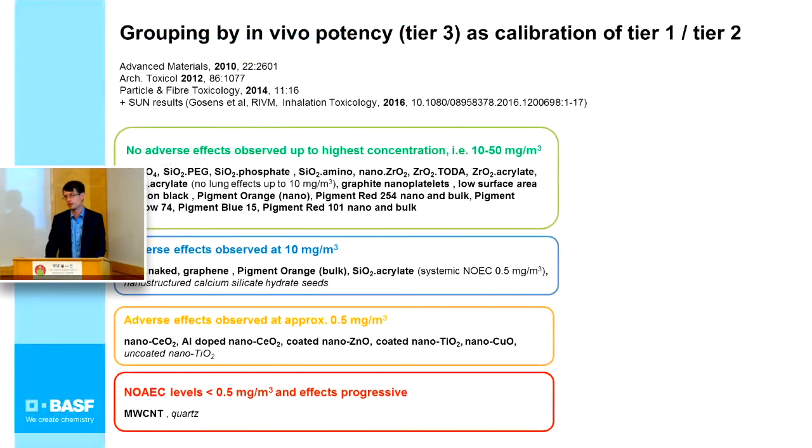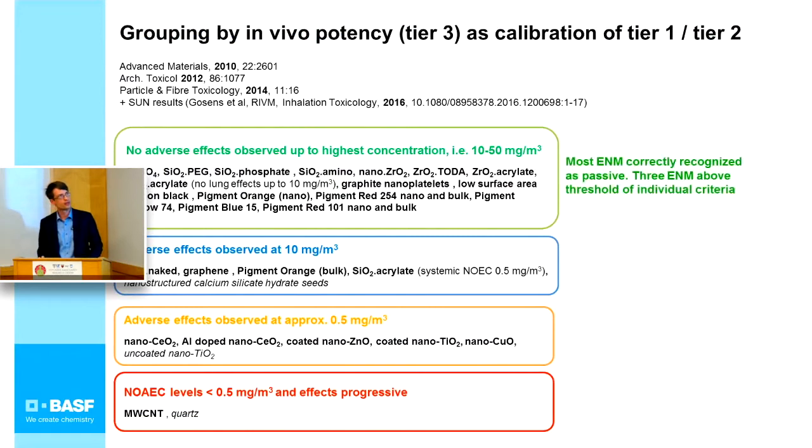To finalize on the toxicological side here, I want to show all of the results which we had from our inhalation studies. So all of these materials have been tested in the short-term inhalation study. And you see that we roughly group them into 4 groups based on the no effect levels.